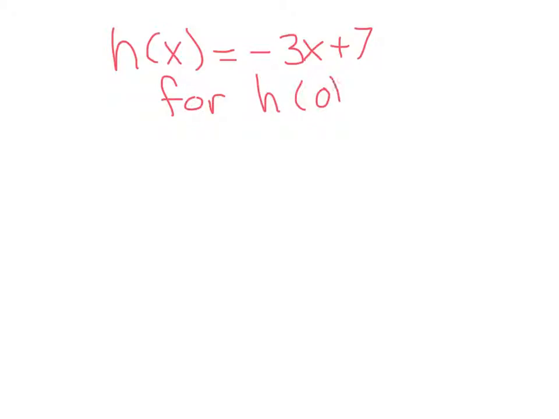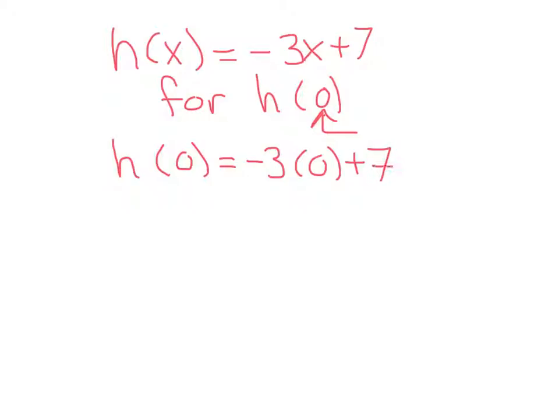Now I want you to try the next 3, and we're going to go over them in class, but I'll give you a little bit of help. h of x equals negative 3x plus 7, for h of 0 means that 0 is our input. So you would input 0 into the function and then evaluate.